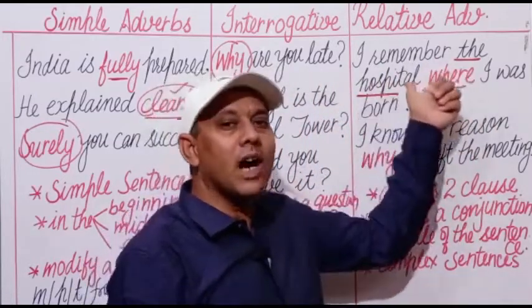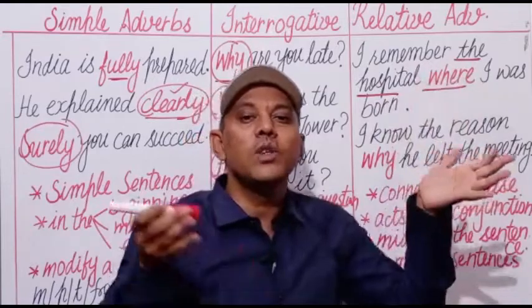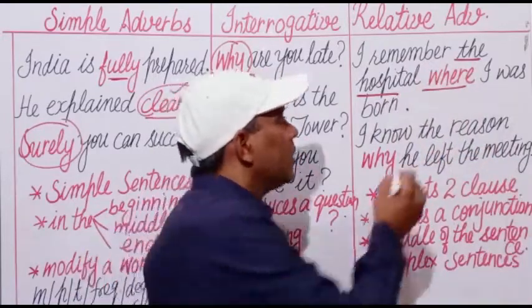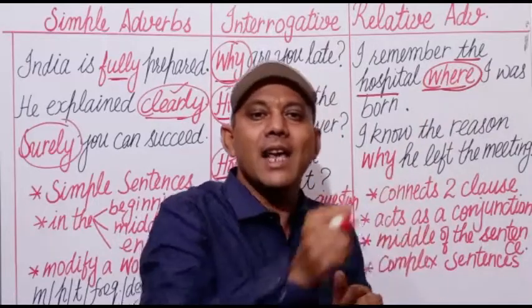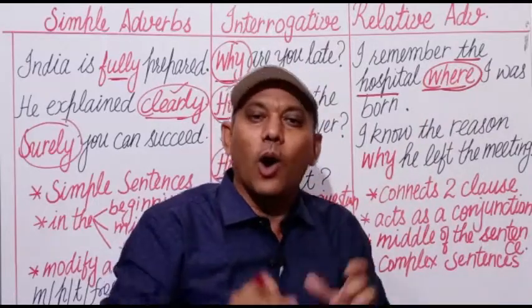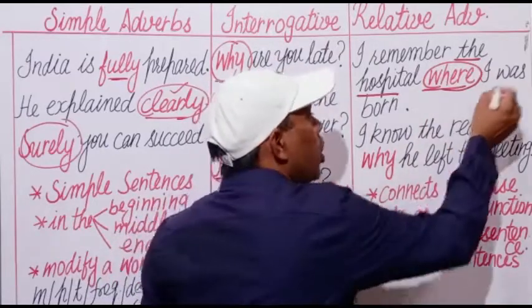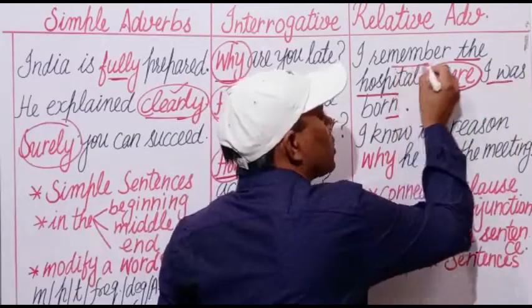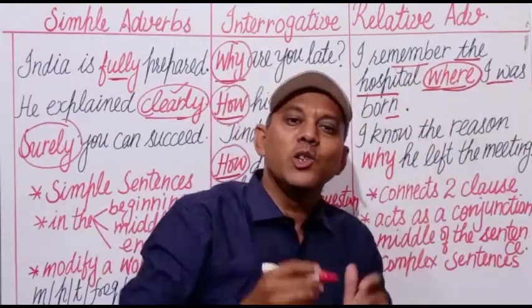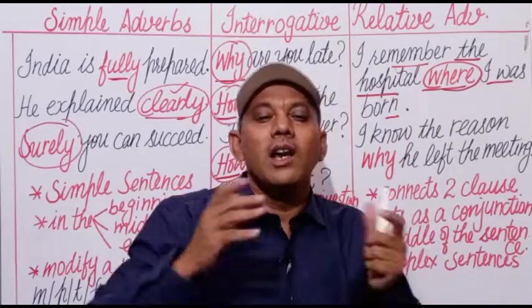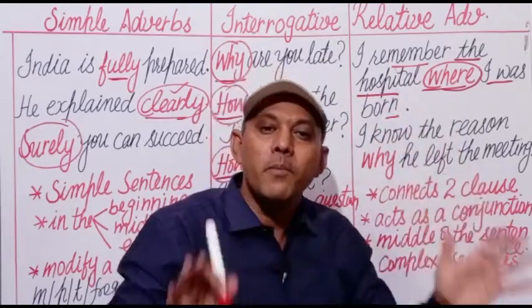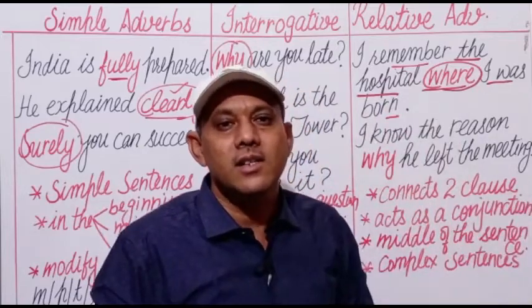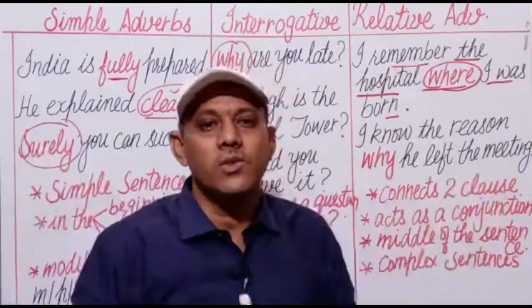I remember the hospital where I was born. This adverb where is used as a relative adverb, or as a conjunction to join these two clauses. You have learnt the concept of clauses, simple, compound and complex sentences in my previous videos.